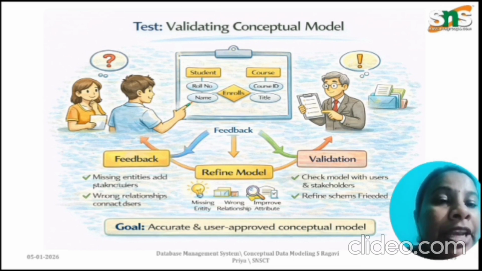First we have to identify the missing entity, wrong relationship and any attribute we want to add, and we can rectify it at this level of conceptual modeling. So next one is the validation. So check models with users and stakeholders. So refining the schemas. So the goal is to design an accurate and user approved conceptual model.